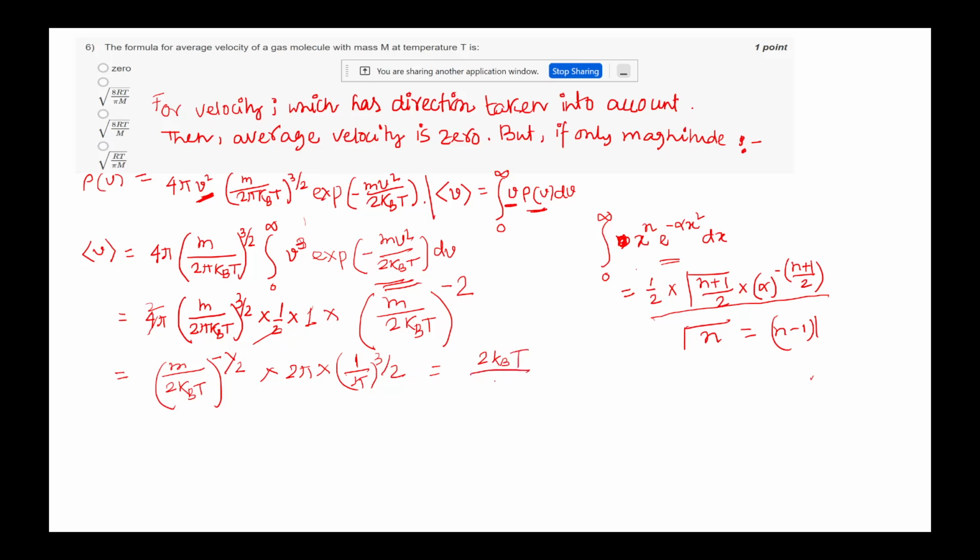So let's input all these things. This pi and m, all will be half into 1 2, that will remain, right? If we take these two into the bracket, this will be 4. So 4 into 2 means 8 kbT by pi m.